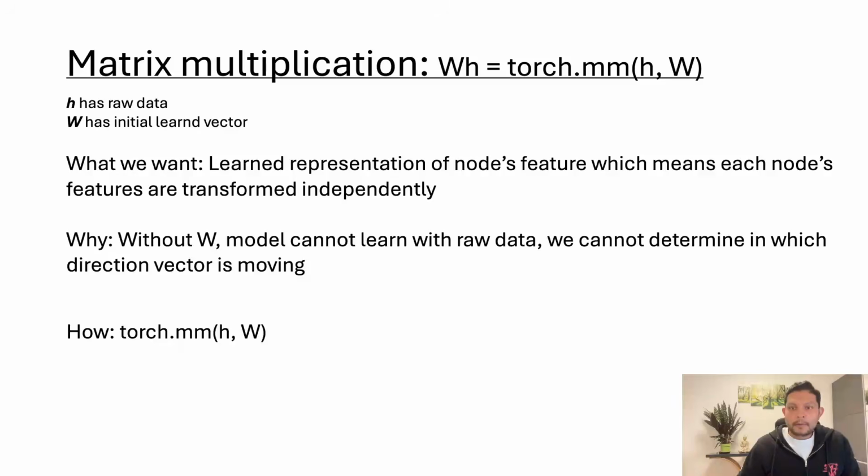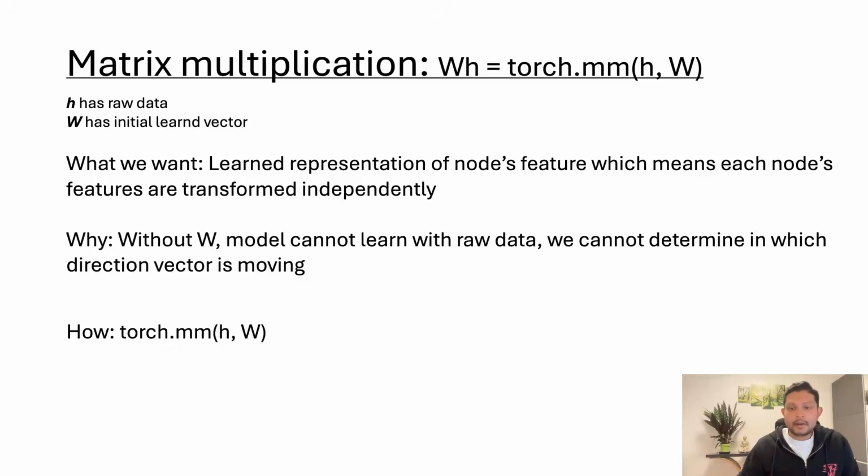If you remember previously, we have got the node feature vector and we now have the initial learned feature vector, right? So what we want next is the learned representation of the node features.